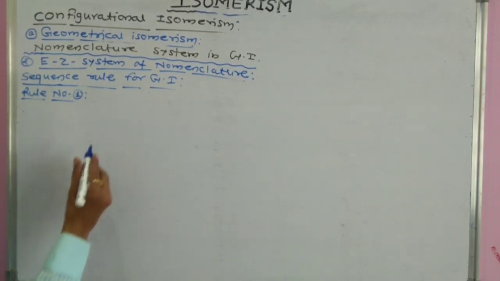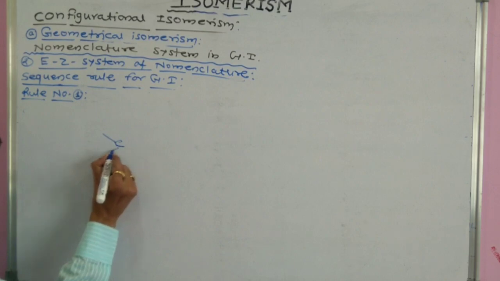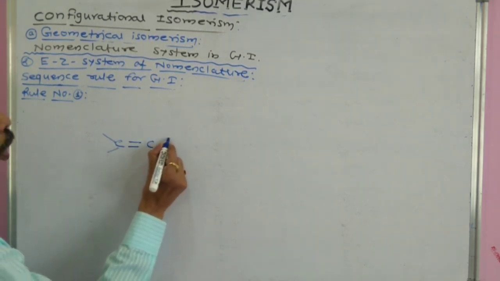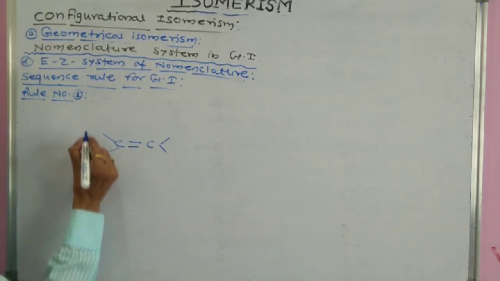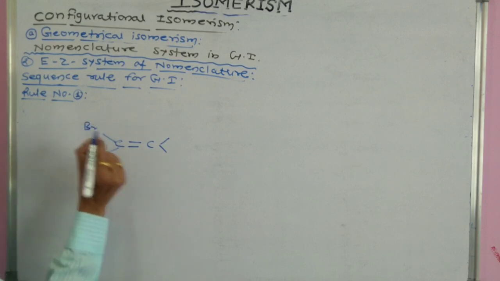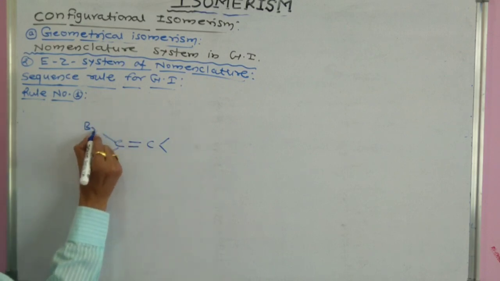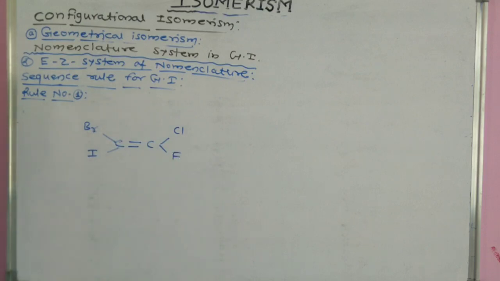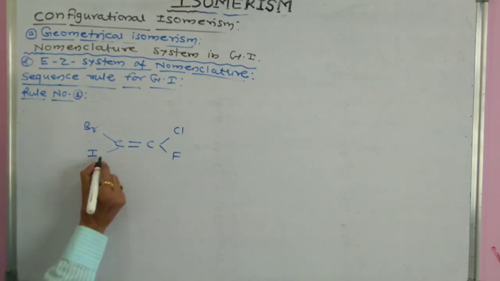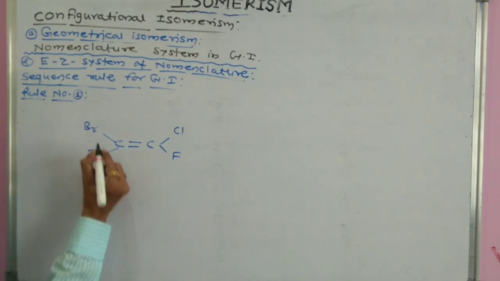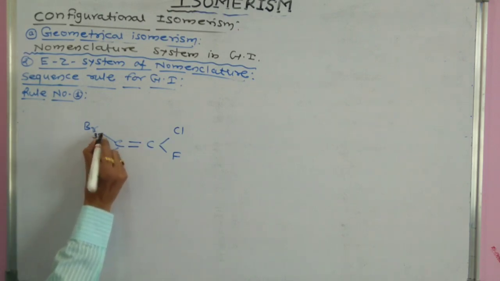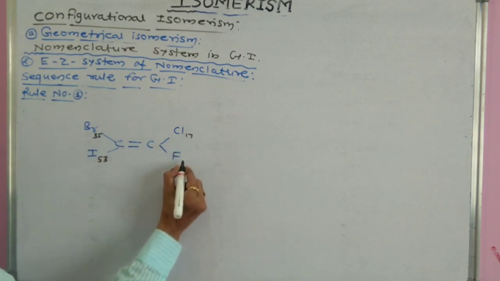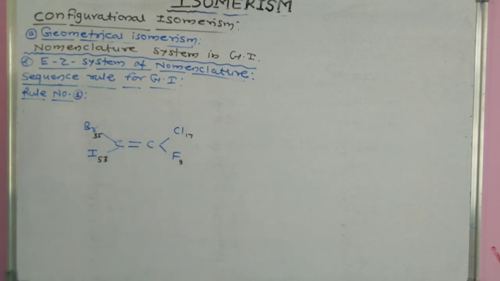Now, for example, now this C double bond C, this iodine, Br, Cl, and this F. Now, in this case, this iodine having atomic number 53, bromine having atomic number 35, this 17, and fluorine 9.